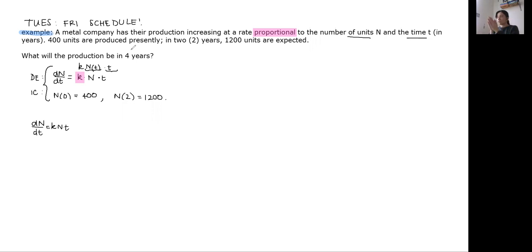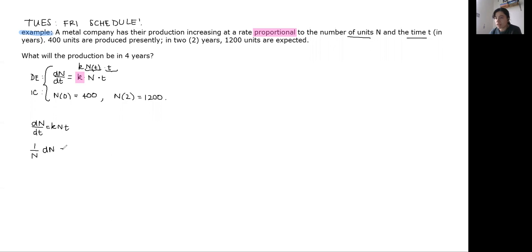The only technique that we have so far is to say, okay, I have two variables, N and t. I want to try to integrate with respect to each of them. So what I'm going to try to do is separate the whole equation so that on one side, I have everything in terms of N, and on the other side, I have everything in terms of t. That way, I'll be able to integrate the left-hand side independently from the right-hand side, and then hopefully I'll find an expression for N. So in this case, I'm going to divide both sides by N, which means I get on the left-hand side 1 over N dN.